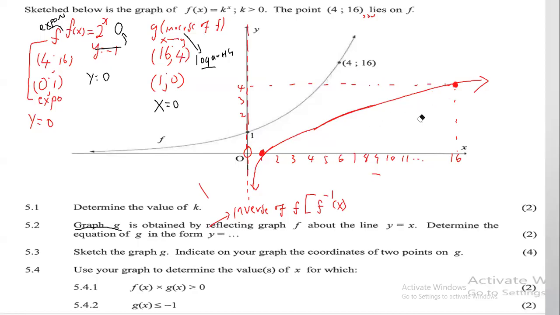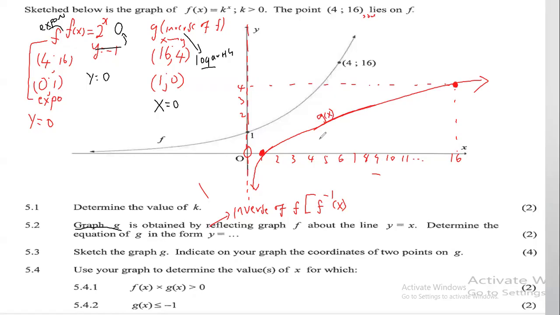Note that in your exam, they are going to give you a Cartesian plane to sketch your graph. So this one appears a bit ugly because it is not drawn to scale. My focus here is just showing you how to sketch it. I'm not trying to be perfect. What you have to know is that this graph of g will not touch the y-axis.